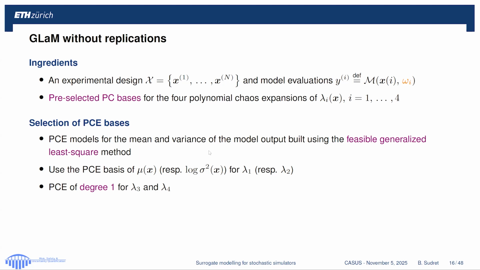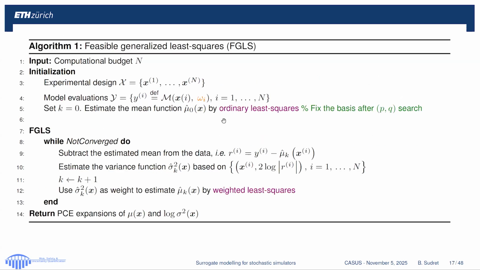That's the way around: if we find nice polynomial expansions for the mean function and the variance function, we can use them for lambda 1 and lambda 2. Then, based on many simulations, we realized that lambda 3 and 4 can also depend on x, but usually just a small, linear variation in x is sufficient to capture all kinds of variation in the shape.